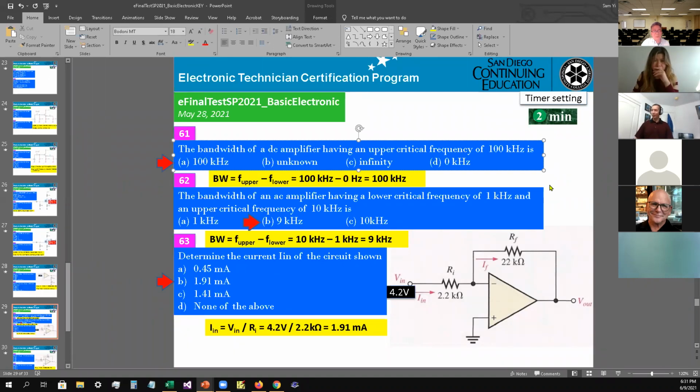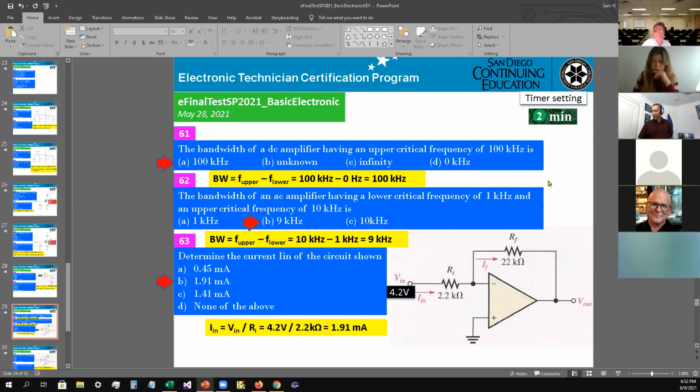The clue is in the question: a DC amplifier. If it amplifies DC, the lower frequency is 0, because with DC there's no frequency. Okay, thank you. You're welcome.